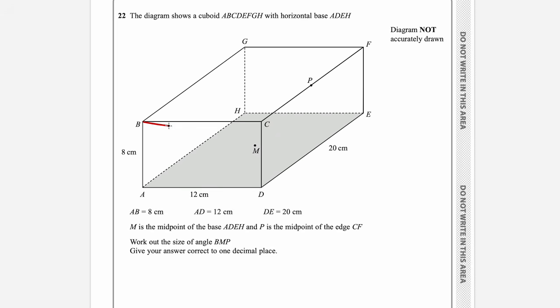So just so we know what we're doing, BMP. Now note, guys, this is not a right angle triangle, but the angle we are looking for is this guy here. This is BMP. Let's call it theta.